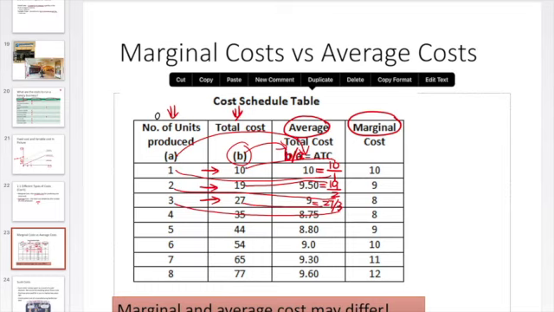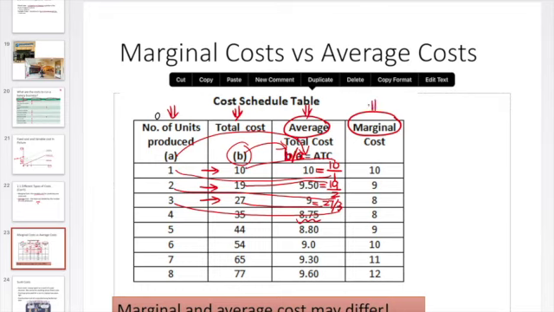So you use the same method for all the different numbers of units, and you get the right numbers in this average cost column. Try it: calculate how you get this number for producing 4 items.